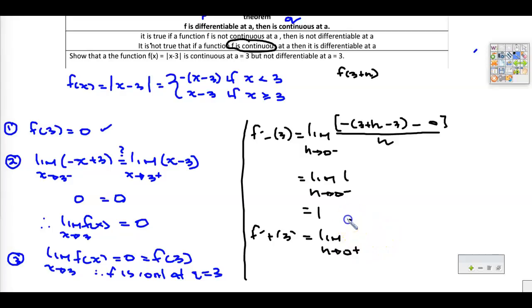And now that's going to be 3 plus h minus 3, minus f of 3, which is 0, all over h. The 3's cancel, the h's reduce, so you get the limit as h approaches 0 from the right of 1, which equals 1.